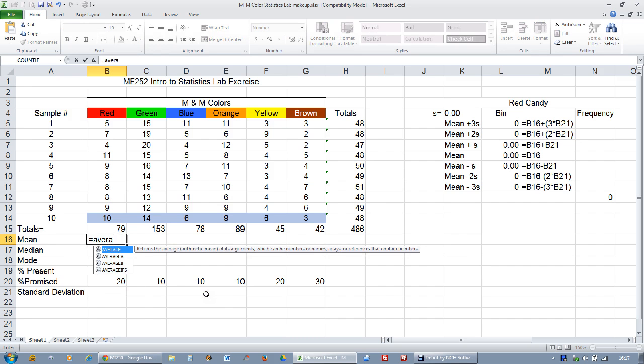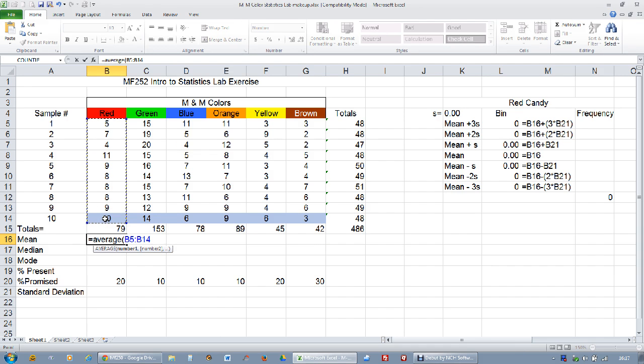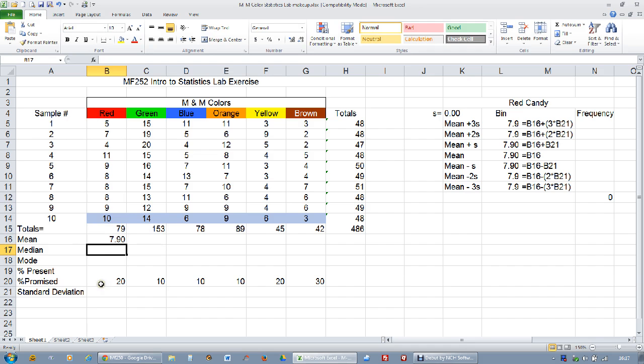You just type in average, and then open parenthesis, select the column, and then close parenthesis, and you can see that we have an average of 7.9, which makes sense if we had 79, so we should have 15.3, etc. I'm just going to drag that all the way across, and there we go.